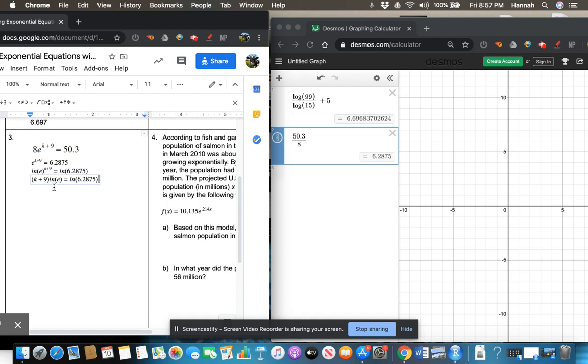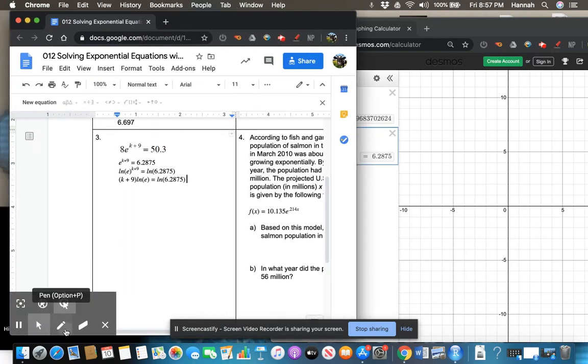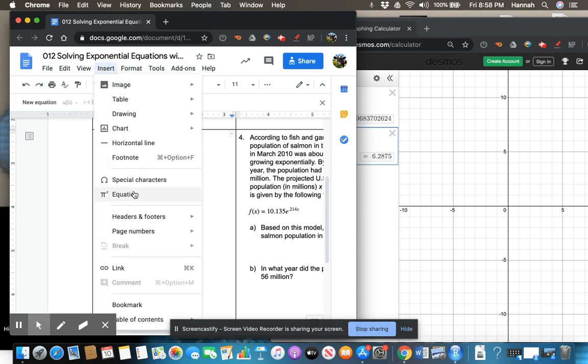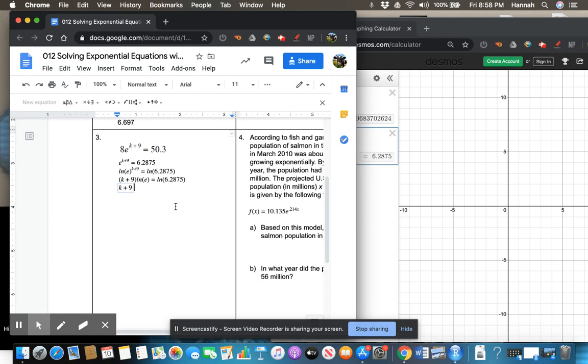But if I remember this shortcut here, it saves me a little typing. The natural log of e, if you type that in your calculator, is just 1. Well, dividing something by 1 doesn't change it. So what actually happens here is that natural log of e cancels itself out. So if I realize that, it saves me a couple steps. All right? So now at this point, all that I have is k plus 9 equals natural log of 6.2875.